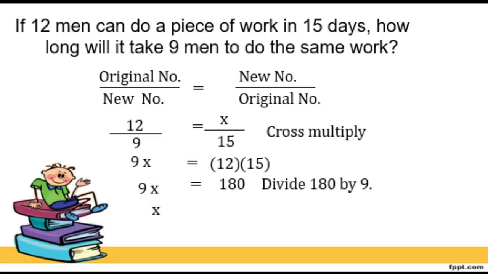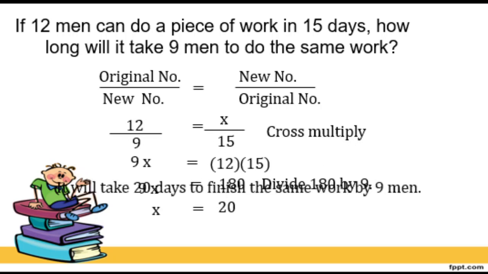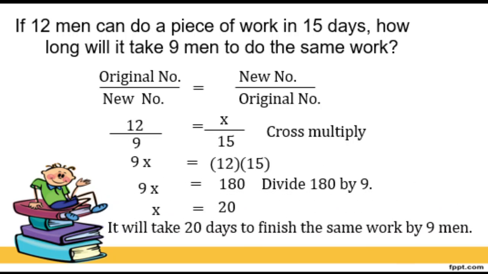So 9x over 9 is equal to x, and then 180 divided by 9 is equal to 20. So therefore, it will take 20 days to finish the same work by 9 men. Okay, next.